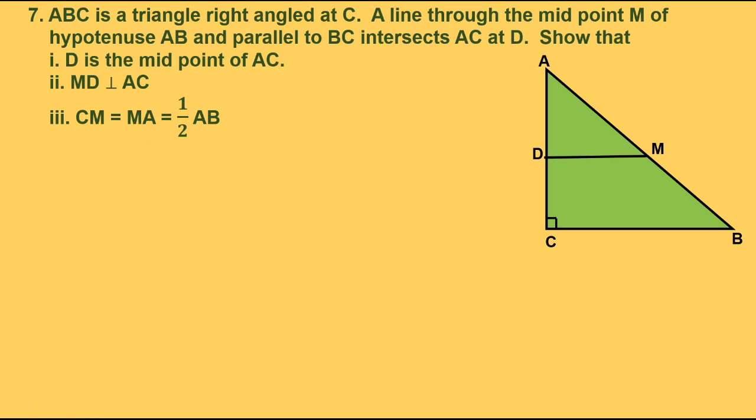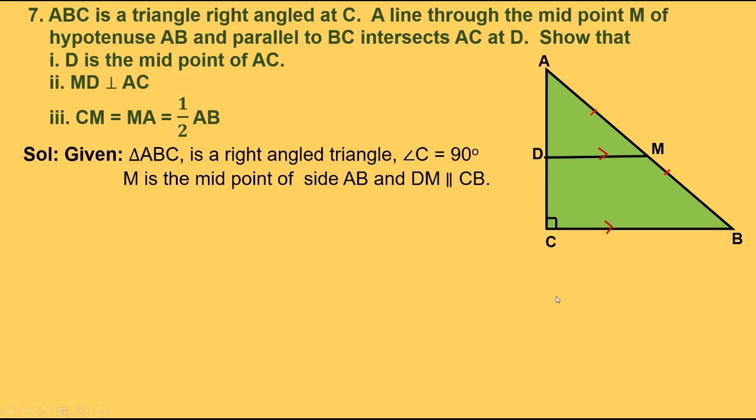So for solution, given triangle ABC is a right angled triangle, angle C is equal to 90 degrees, M is the midpoint of side AB, and DM is parallel to CB. To show D is the midpoint of AC, DM is perpendicular to AC, and CM is equal to MA, which is equal to half of AB.